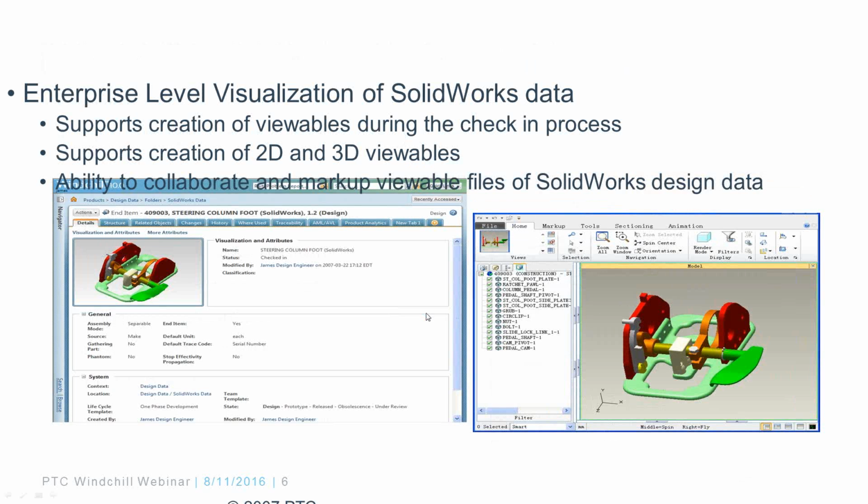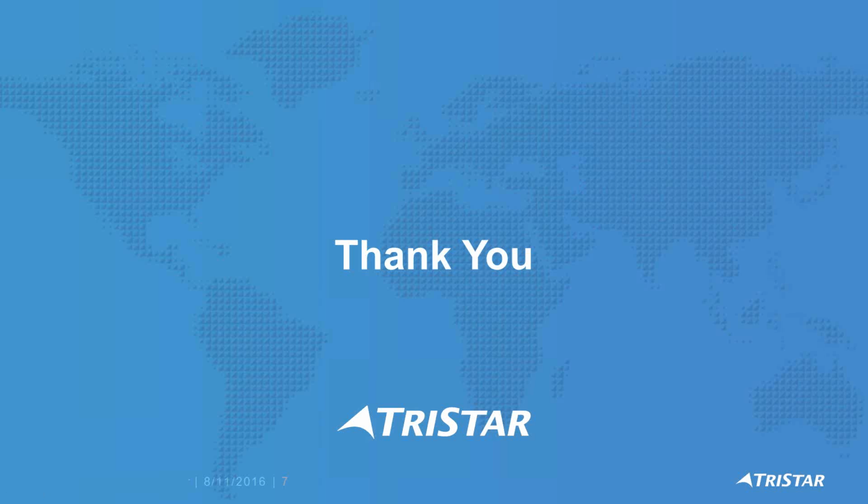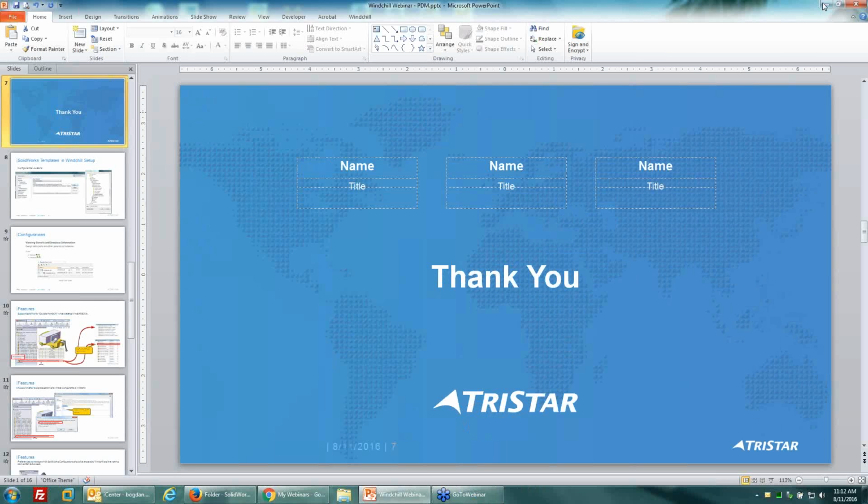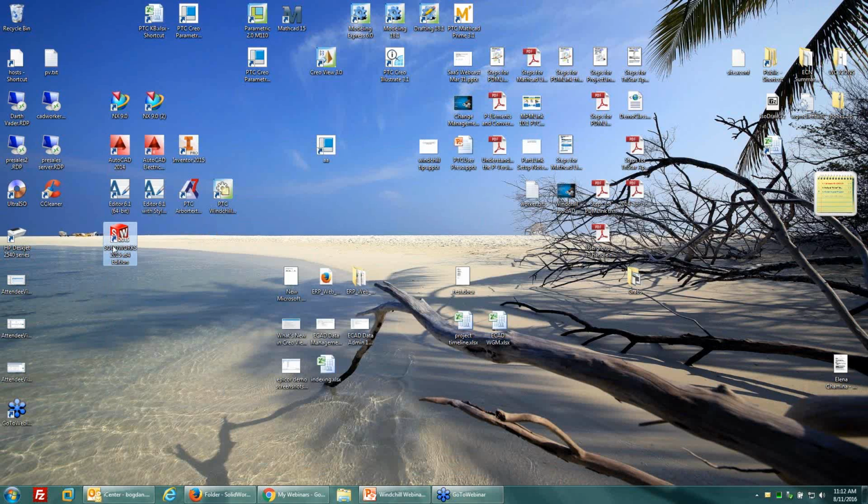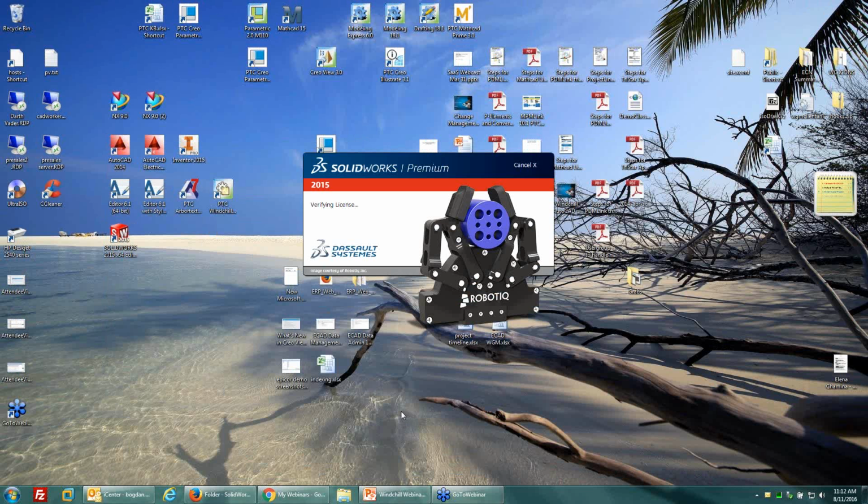Okay, so I'm going to get into the software itself. I'm going to launch SolidWorks on my system, and this is going to launch the Workgroup Manager from a CAD user's perspective.